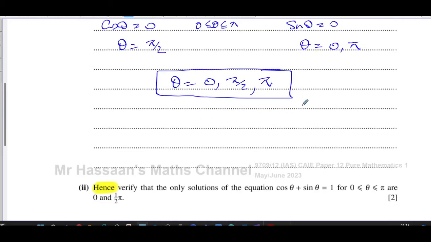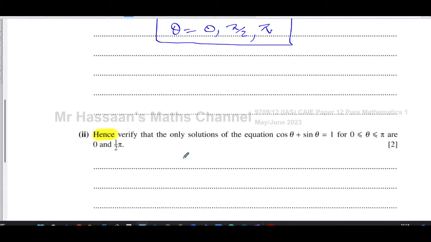In order to do that, we can take our answers here, and we can say that when we put θ as 0 inside here, we're going to get cos 0 + sin 0. Cos 0 is 1 and sin 0 is 0, so that's going to give you 1. So that's one solution for this equation.